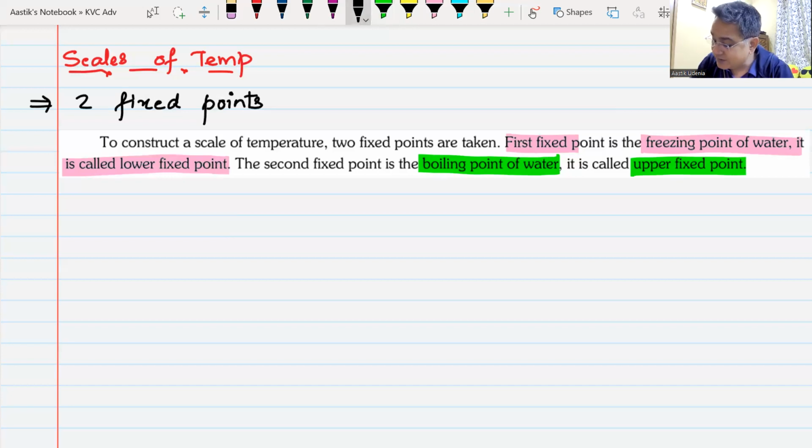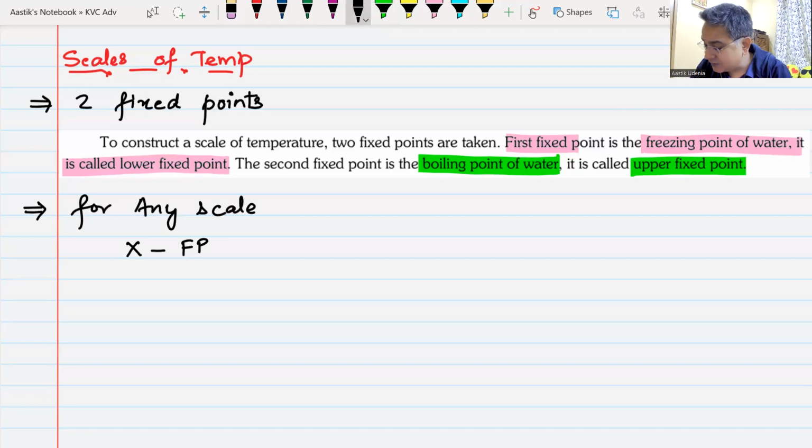And for any scale, the reading on that scale minus freezing point, divided by boiling point minus freezing point, is a constant.